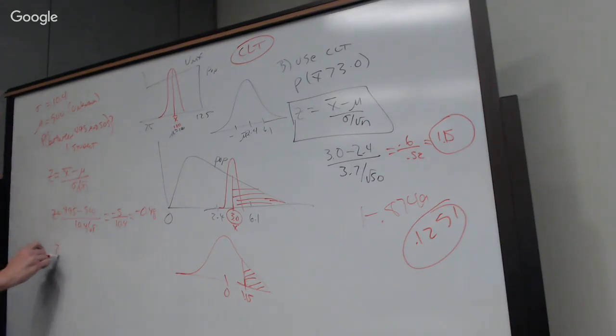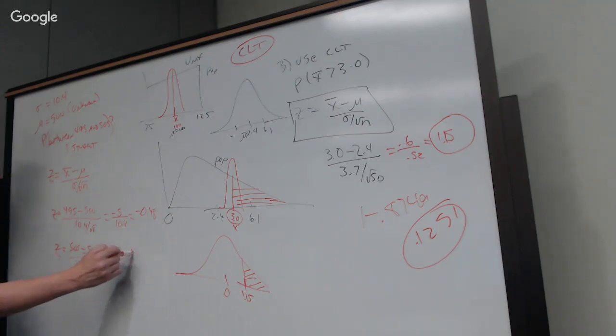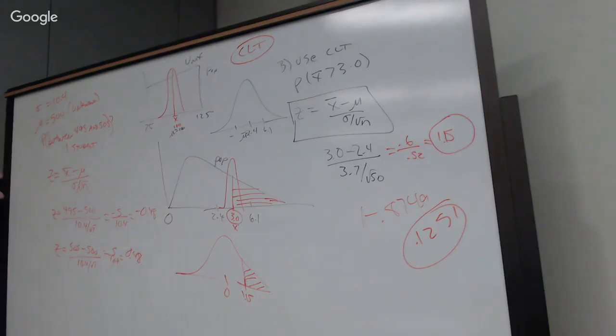Now we're going to repeat that process. We're going to do z equals 505 minus 500 divided by 10.4 divided by square root of 1, which equals 5 divided by 10.4, which equals positive 0.48, right? Okay, so you do that twice, I understand that now.